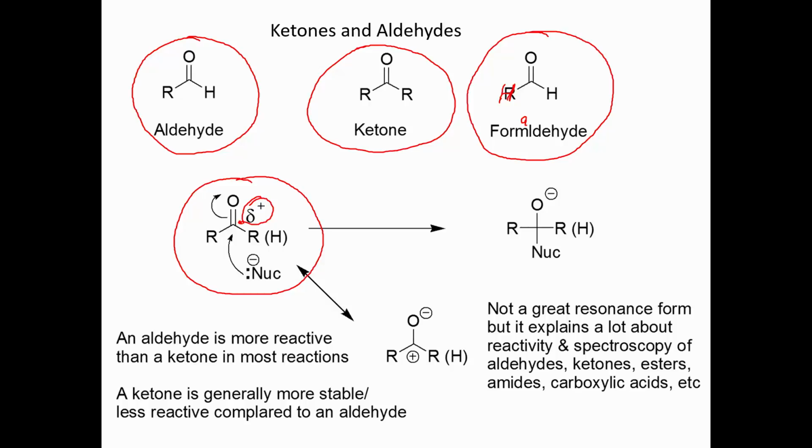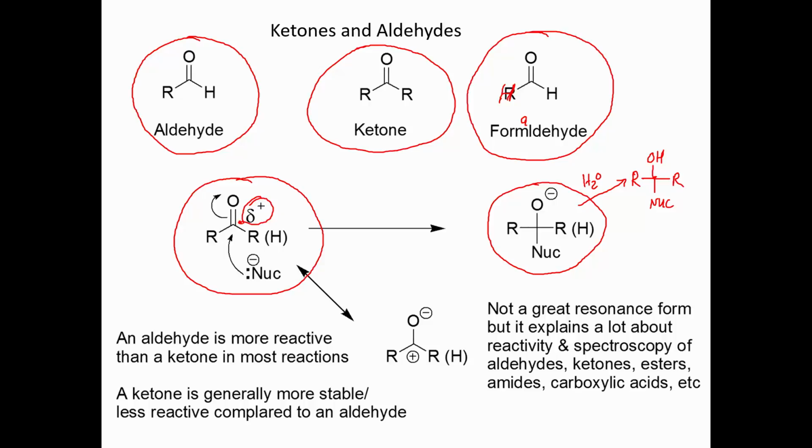The product of this is an alkoxide. Very seldom do we isolate this. We usually treat this with a proton source, very often water, and end up with the product that you see there.